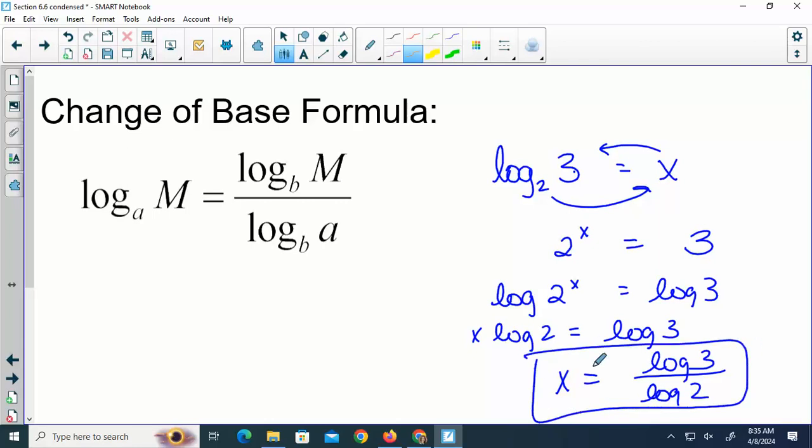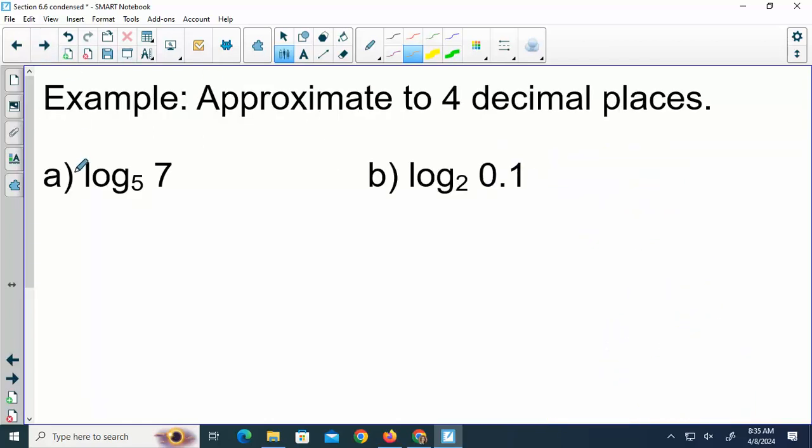So if you forget the formula, all you have to do is set it equal to x and work it out like we were doing before. So it's kind of a shortcut, but you don't have to have that memorized. What I would require if I asked you to do this on a test or quiz, because some calculators do it and some don't, I'm going to say if you don't show me the work, you get no credit for it. So your options are, if you don't remember the formula, you can set it equal to x.